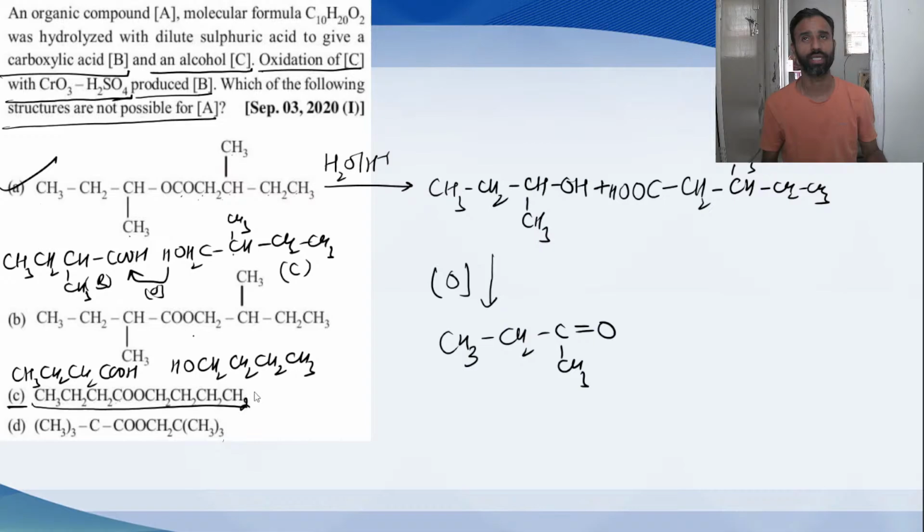Just increase one carbon on each side, so that on oxidation it gives the same product. The same is the case here. So the right option is this one, because in this case it is not symmetrically arranged. In the ester, on one side there are 6 carbons, on the other side there are 4 carbons. An equal distribution should be there.